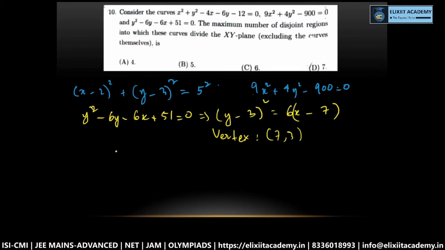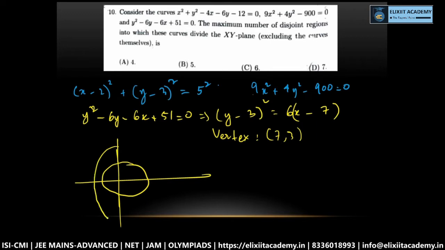First of all, we have a circle whose radius is 5. Then we have an ellipse, an inverted shaped ellipse, like this.